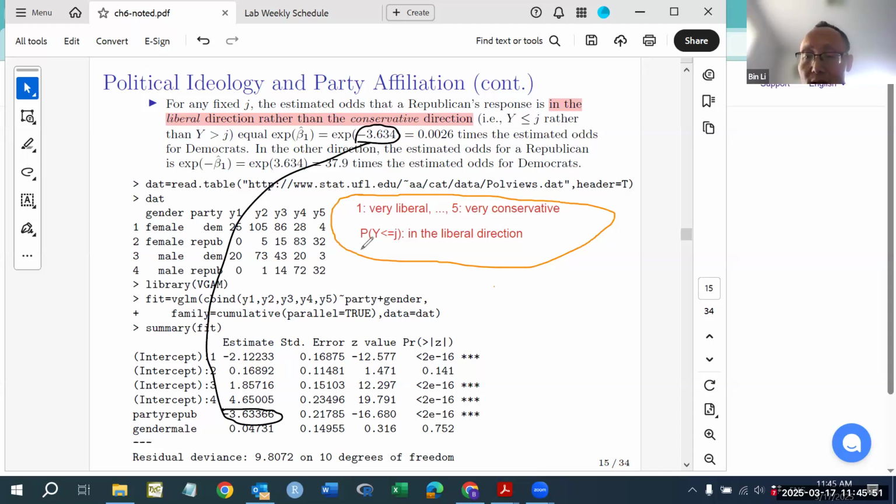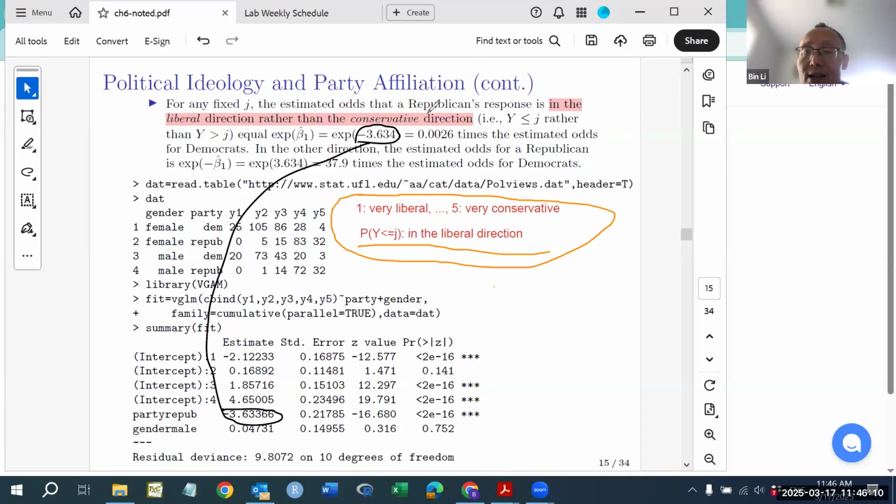So when we do the models, we model the logit for what? The probability of y is no greater than j. That is in the direction of what? In the liberal direction. Okay, so that's what it means.